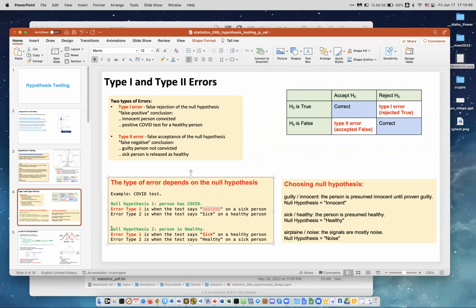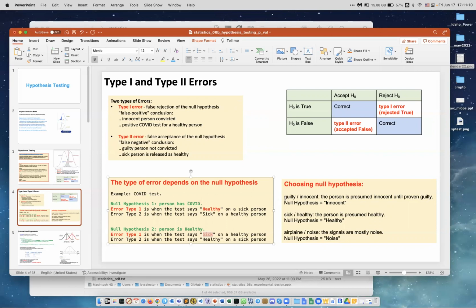But if our null hypothesis is that the person is healthy, then error type 1 is when we say sick on a healthy person. So it's completely different. You see that error 1 and error 2, they swapped. So you have to be careful in choosing the null hypothesis so that people understand you correctly.